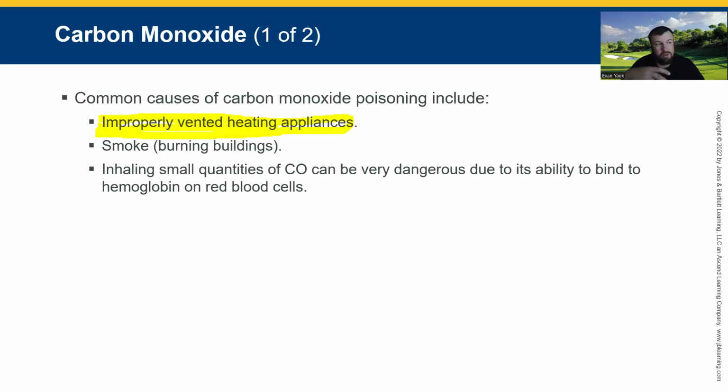So if you will, it crowds on that hemoglobin and it won't let oxygen on. There's no room for the oxygen, and that carbon monoxide is what our pulse ox is actually reading. Treatment for that is we are going to flood them with oxygen and try to get as much oxygen on that hemoglobin as we possibly can.